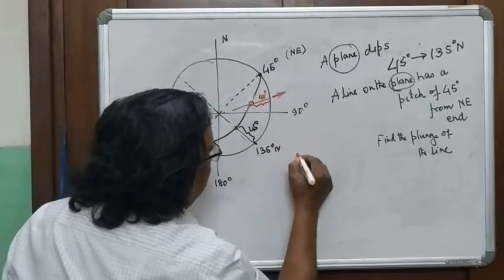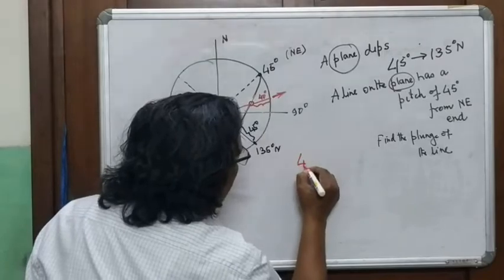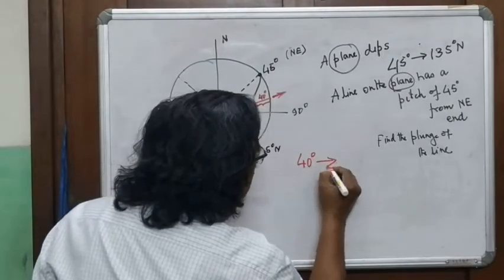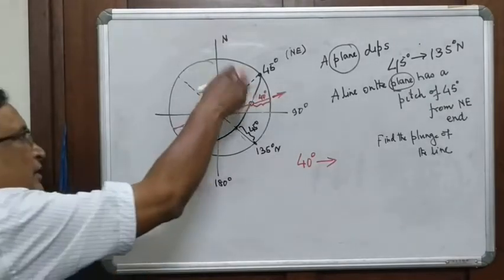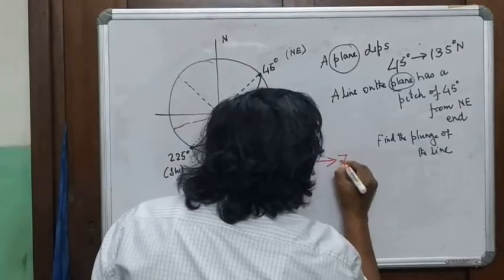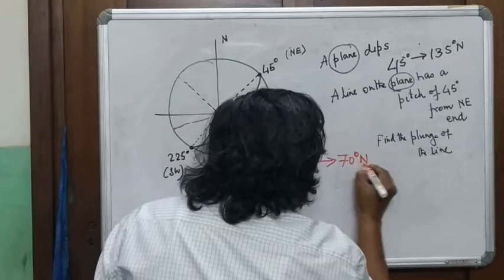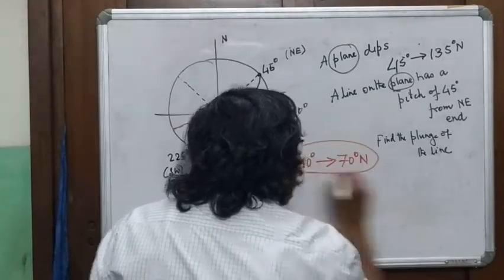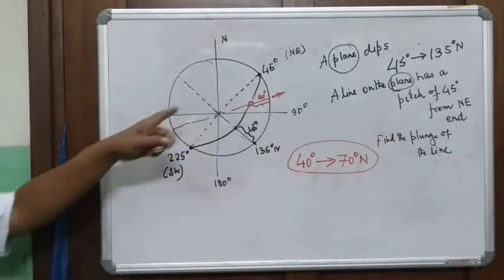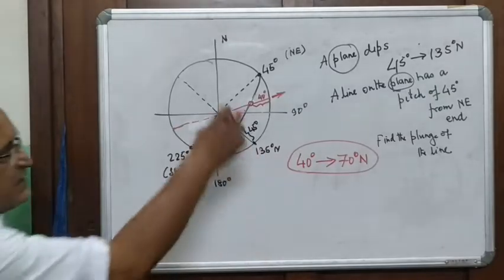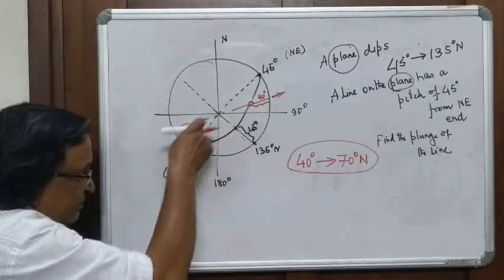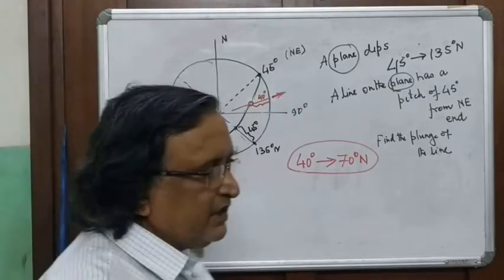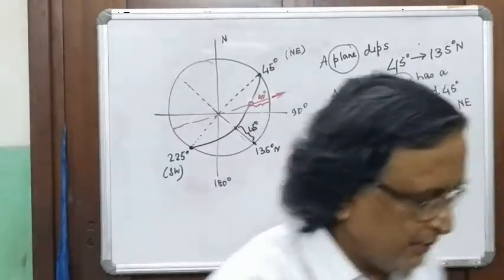So I think the plunge will be somewhere around 40 degrees towards, looks like, 70 degrees north. So that is the plunge of the line which has a pitch of 45 degrees on this plane. I give you 2 minutes to think about it.